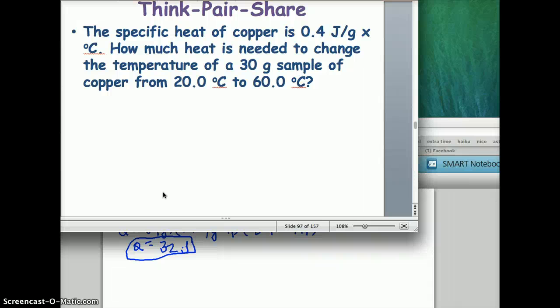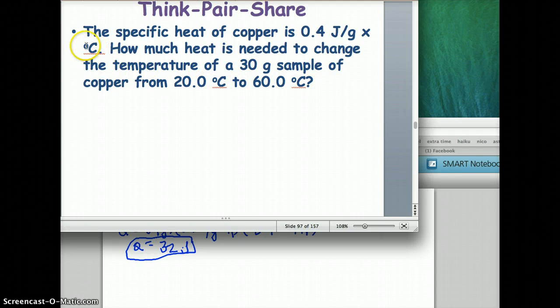So how is this question different from the last one? In the last one we used Kelvin, and this one we use Celsius. So it doesn't matter what temperature you use as long as it's the same as the temperature found in the constant, in the specific heat. So in the specific heat, it says joules, grams, Celsius. So your temperature change should be in Celsius.